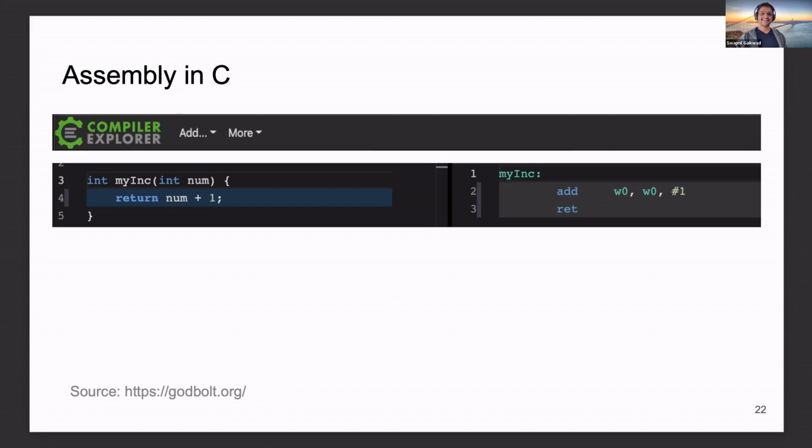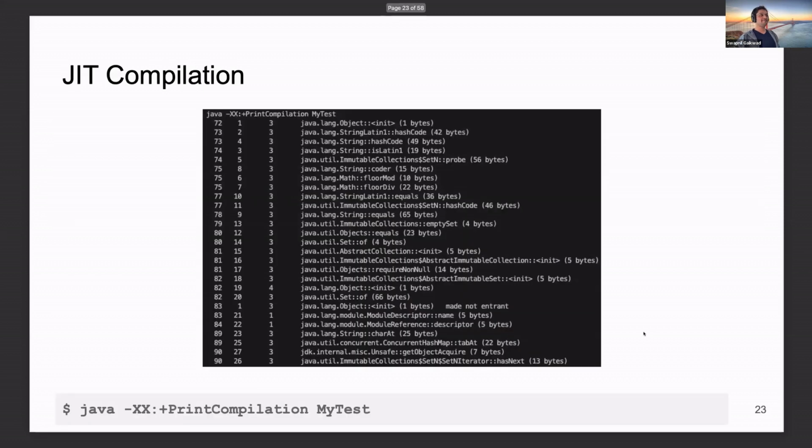Cool. So we can extract information about all the compilations. If you execute your MyTest class, you will see many methods getting JIT compiled, and interestingly, none of these methods would be your my increment method or any version of that, because your my increment is called only once, and we saw that until it's called 2,000 times, it wouldn't be JIT compiled.